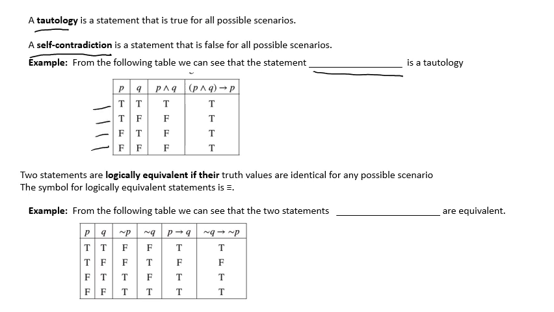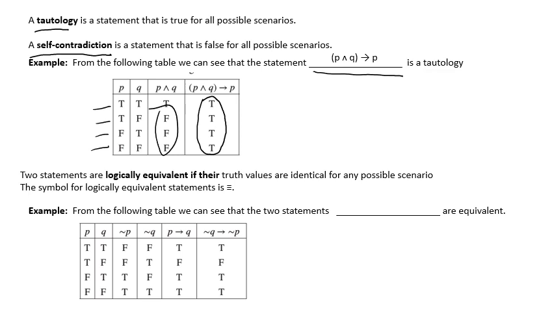Our first statement has some false values in it. But this second column is all true for all possible scenarios. That's the definition of a tautology. So the statement in this table that is a tautology is P and Q implies P.